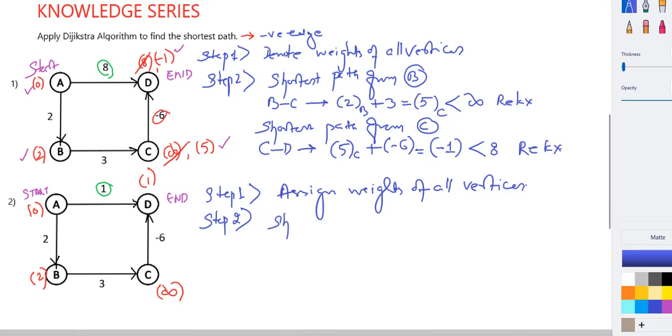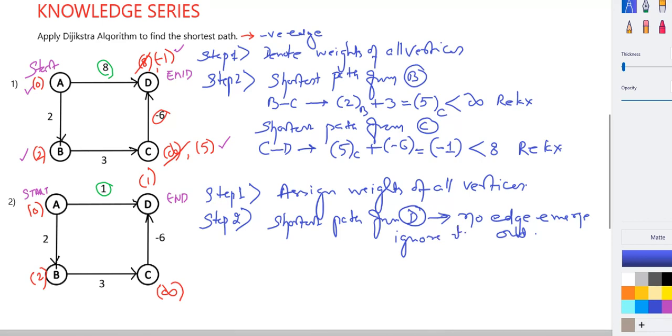So the shortest path is from D. But there are no edges going out, or there is no link going out of D. Everything is tending towards C. So under this condition, no edge emerges out, so we can ignore it. So this one is ignored.